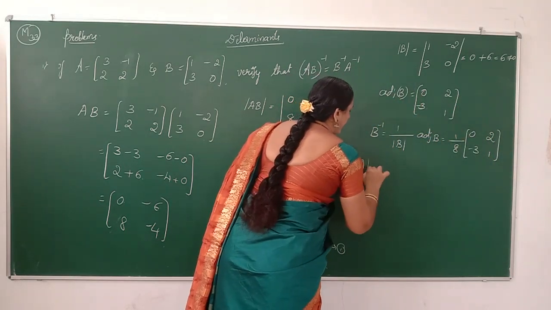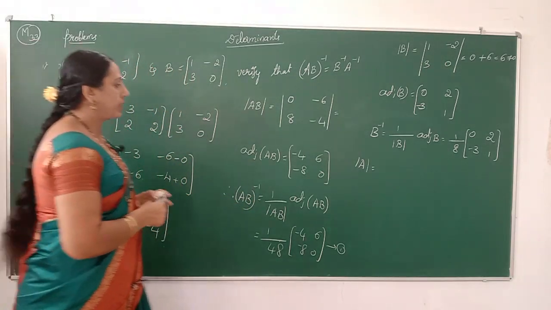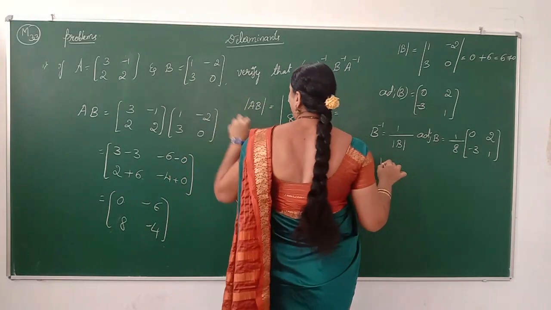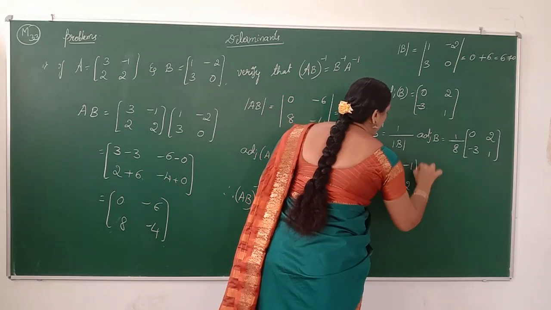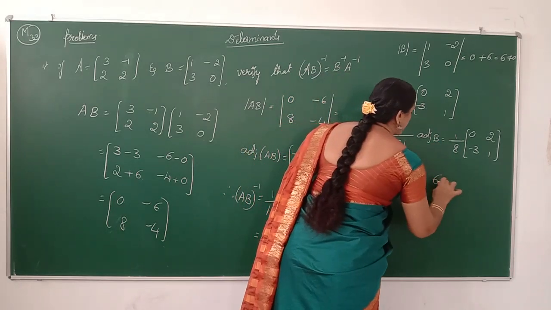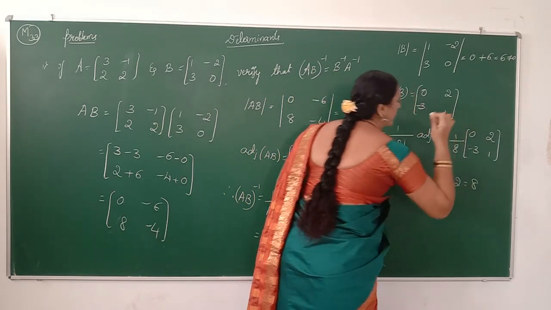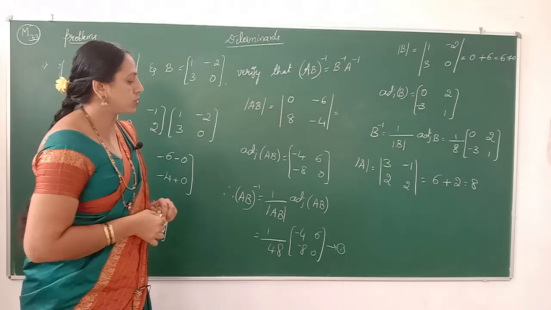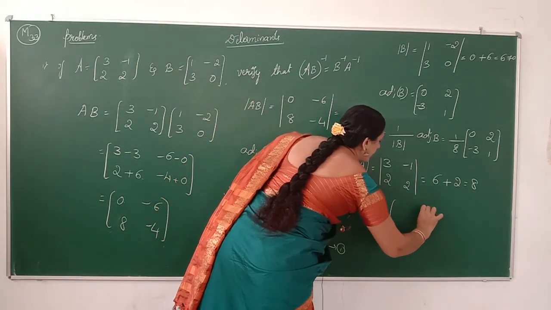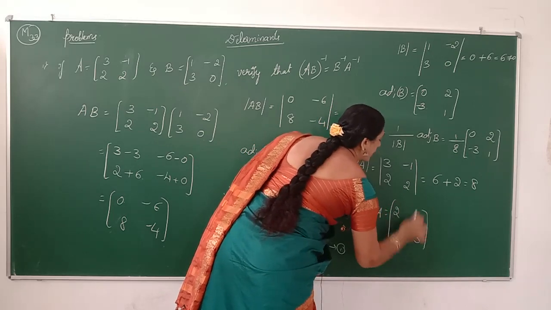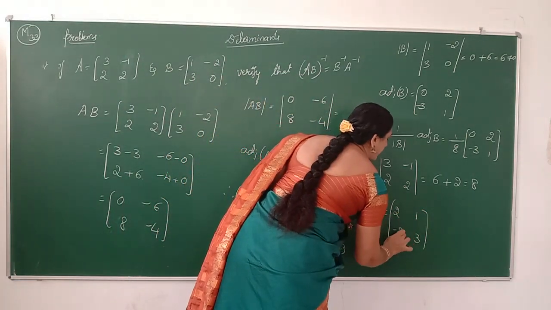Similarly, now to find the inverse of A. First we will consider determinant of A. Determinant of A is [3, -1; 2, 2]. Product of left diagonal is 6, minus right diagonal is minus 2, minus into minus is plus 2, 6 plus 2 is 8. Then adjoint of A: the left diagonal elements interchange their position and the right diagonal elements change sign.